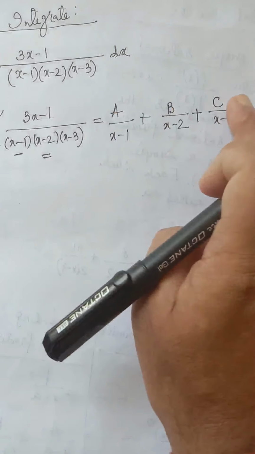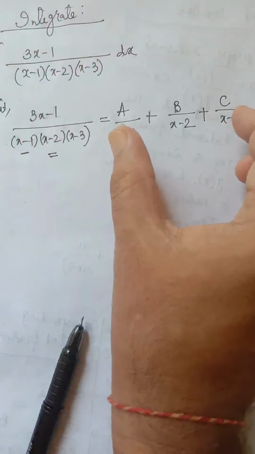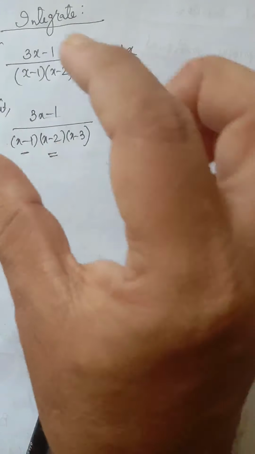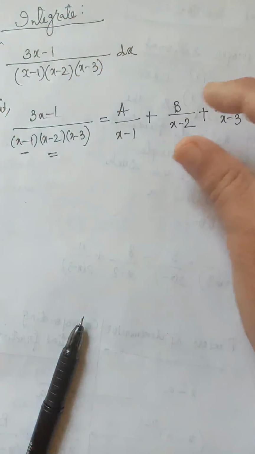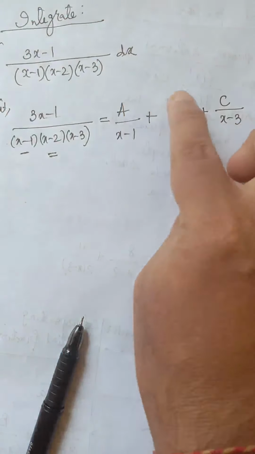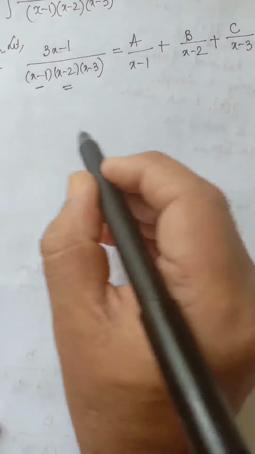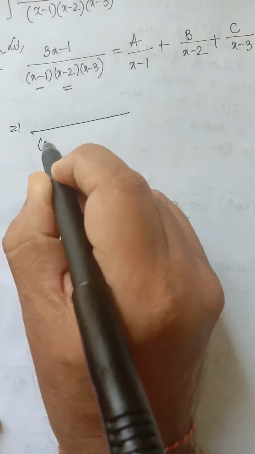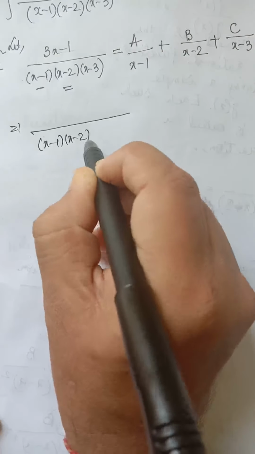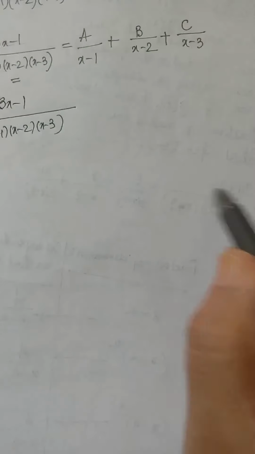We have to find A, B and C. We have to express this in this form. When we resolve this into partial fractions, the fractions will be of this form, and we have to find A, B and C. Now, how to find A, B, C? We will take LCM in the right hand side.